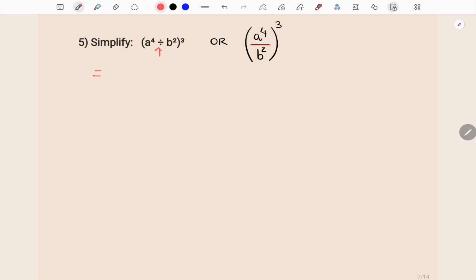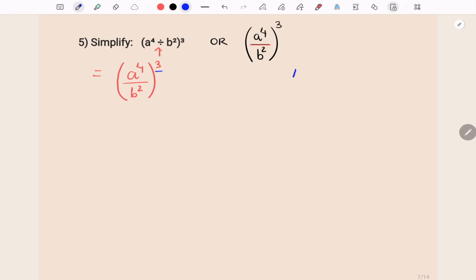Let's solve this. We have a raised to the power 4 divided by b squared all raised to the power 3. Remember that whenever we have a power present outside the bracket, here we have 3 outside the bracket, this 3 would be applied to everything that is present inside the bracket. So every term inside the bracket would be given this power of 3.